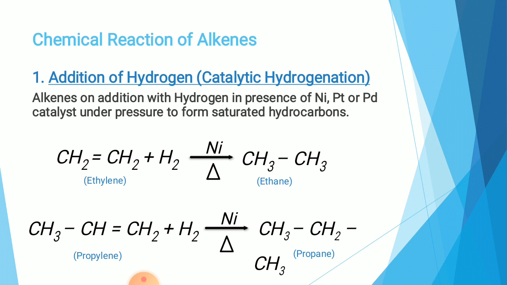So based upon that mechanism, today we will discuss the next part of the chapter, that is chemical reaction of alkenes. All these reactions are based on the electrophilic addition reaction. So the first reaction we'll discuss is the addition of hydrogen, also called catalytic hydrogenation reaction.